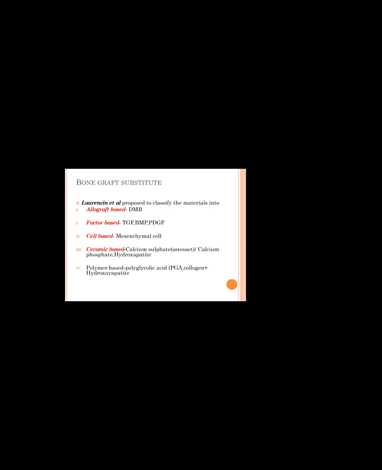This includes the mesenchymal cells, which will further differentiate into osteoblasts and osteocytes. We also have ceramic-based, examples being calcium sulfate, calcium phosphate, or hydroxyapatite. And then finally, polymer-based, such as polyglycolic acid, or a combination of both collagen and hydroxyapatite.